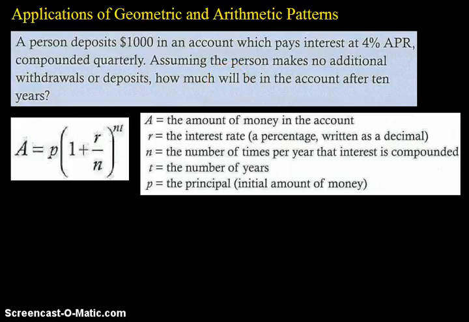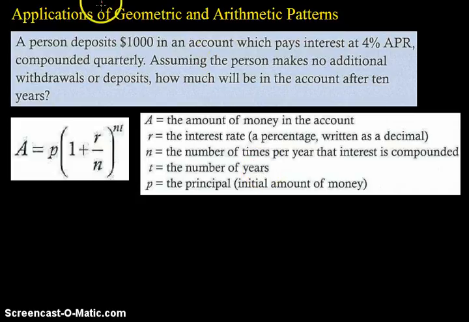And finally we have the T, which is how many years we're going to leave it there. Be careful, we're talking about years here, so if they're asking for months, we need to convert that to years as well.